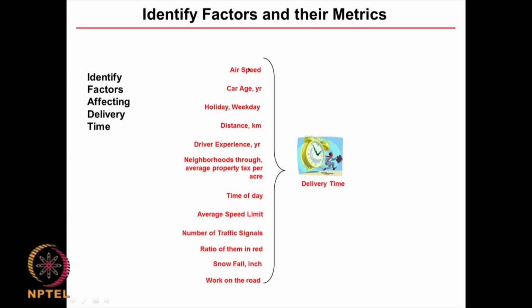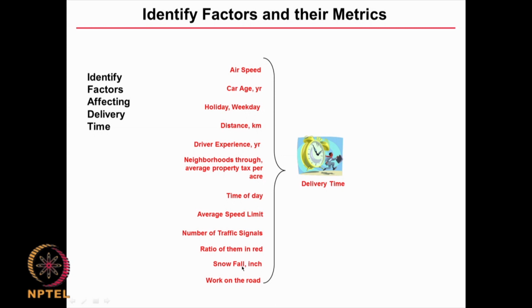Maybe if he is driving a two-wheeler, the speed; if he is driving a car, the age of the car, how well it is maintained, is it a working day or a holiday, how far you have to deliver, what is the driver's experience, how is the neighborhood, are the roads well laid out, what time, morning or afternoon or evening or night, average speed limit allowed, some roads allow 70 kilometers per hour, some roads allow only 25, 30, number of traffic signals, and how many of them are red at that point.